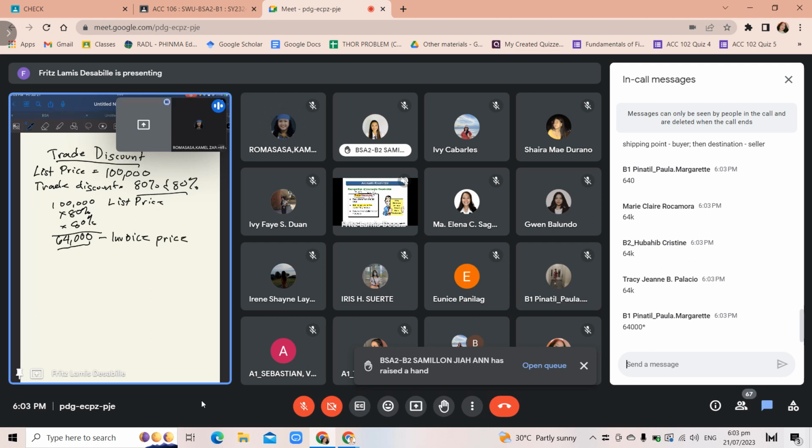Please follow along, guys. This is what we call the trade discount. And again, as I mentioned a while ago, and also in our discussion on PPE, trade discounts are ignored in the books. So when asked how we record this transaction, we don't record the 100,000 but only the invoice price.